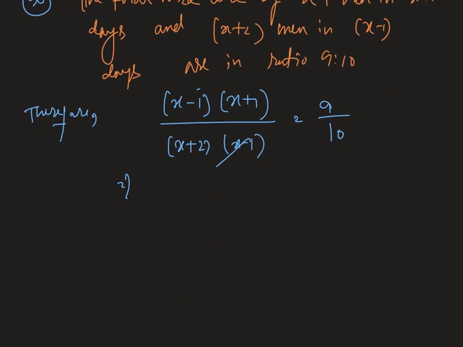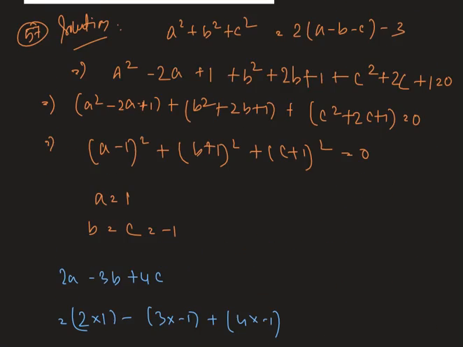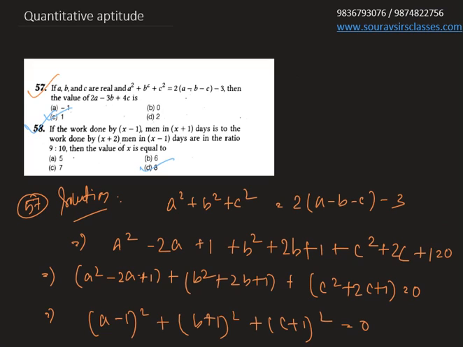So we get 10x plus 10 is equal to 9x plus 18, which is 10x minus 9x is equal to 18 minus 10. So x is equal to 8. Therefore, D is the right answer.